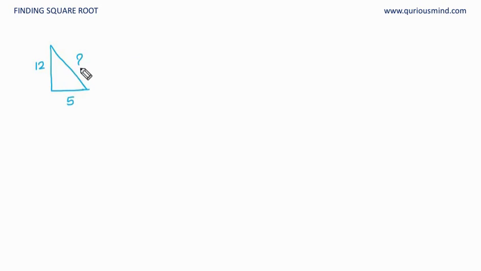Then using Pythagoras, we can say x square, so let this side be x, is equal to 12 square plus 5 square. And we can find squares, we have learned to find squares now, so 144 plus 25 gives us 169. x square is 169. But now we want to know the x. For that we need to find the square root of 169.